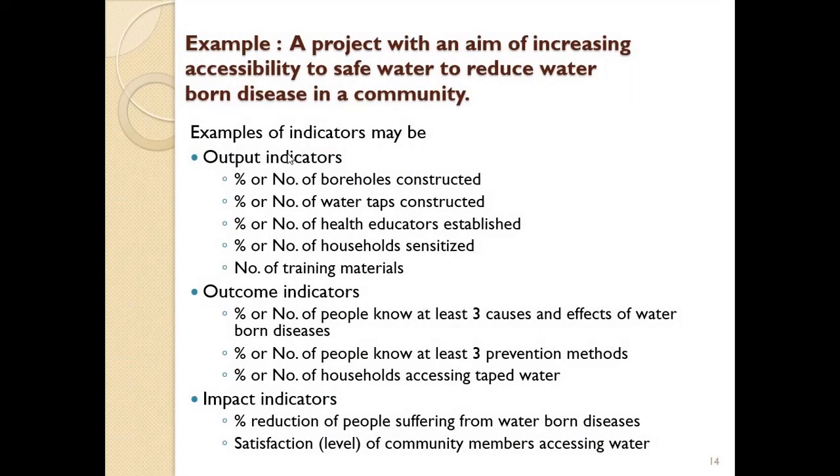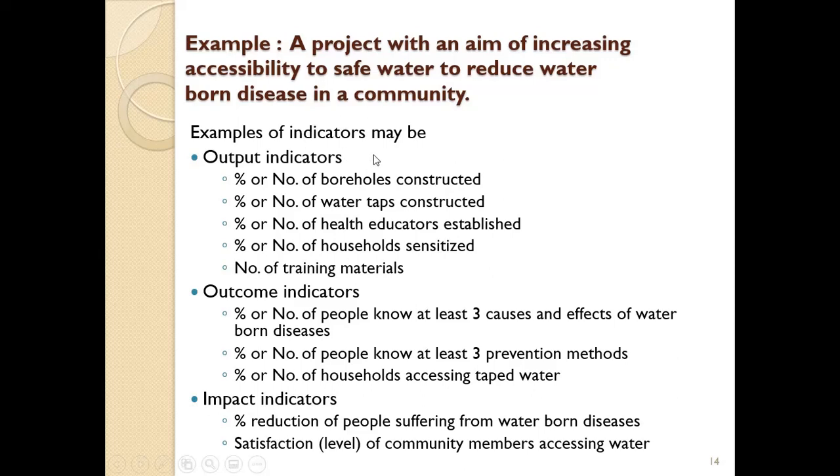Okay, so you have an example here, a project named increasing accessibility to safe water to reduce waterborne diseases. Here the increase in accessibility of safe water would be your outcome, and the reduction in waterborne diseases in a community would be your impact. That's what I was talking about when we were explaining the rows earlier on.